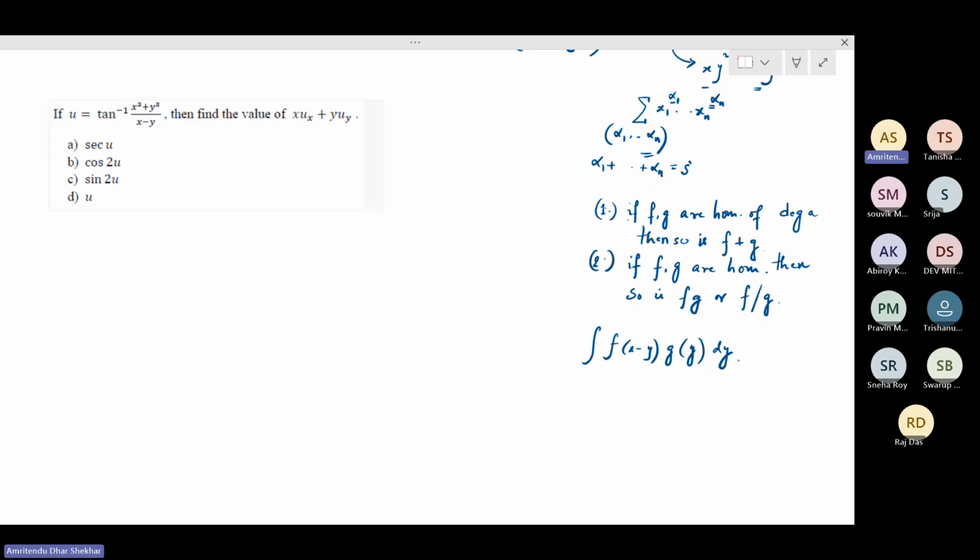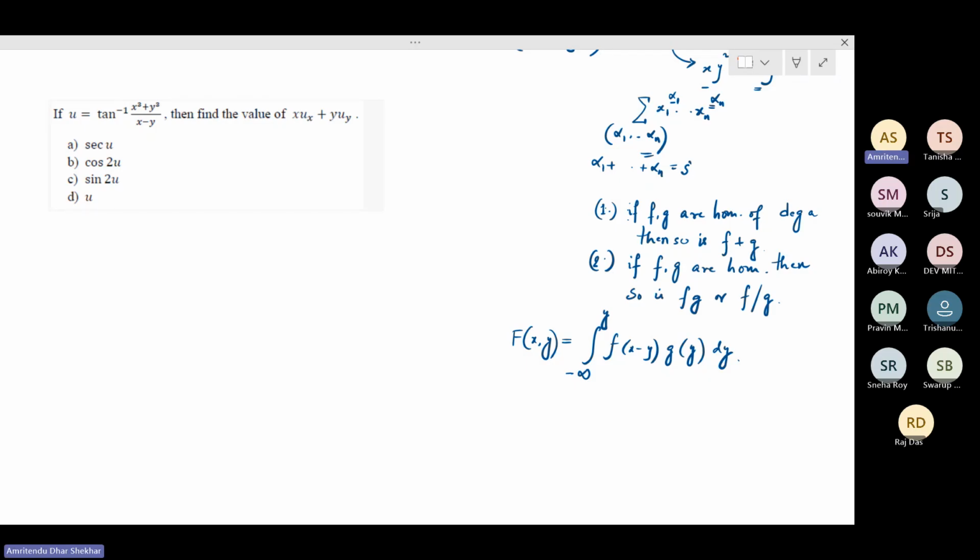Okay. So let's say I construct a function like this.